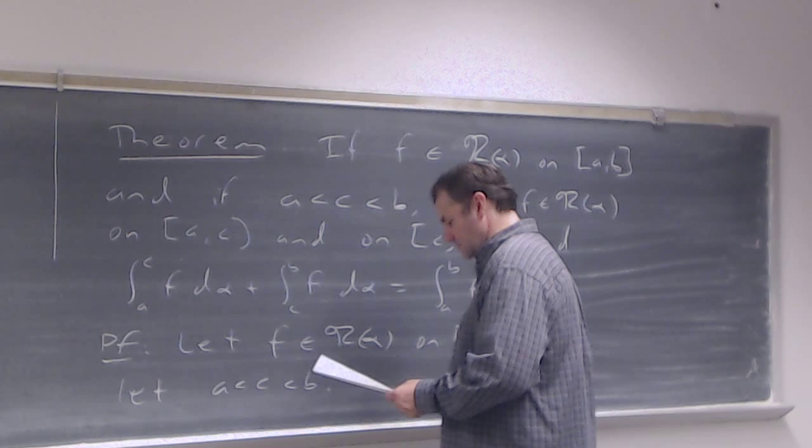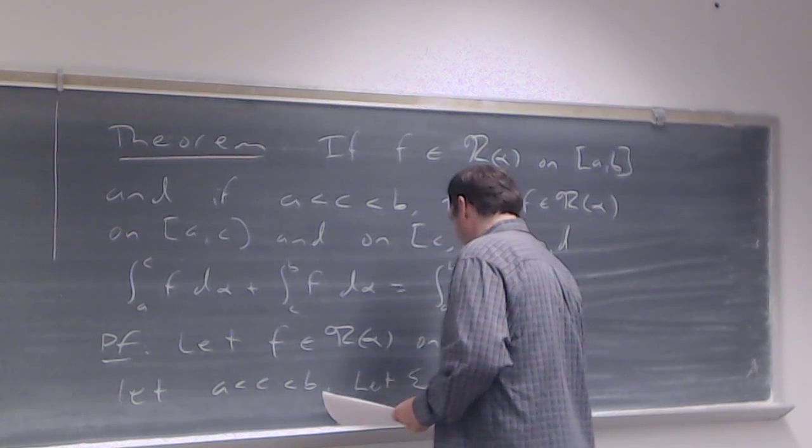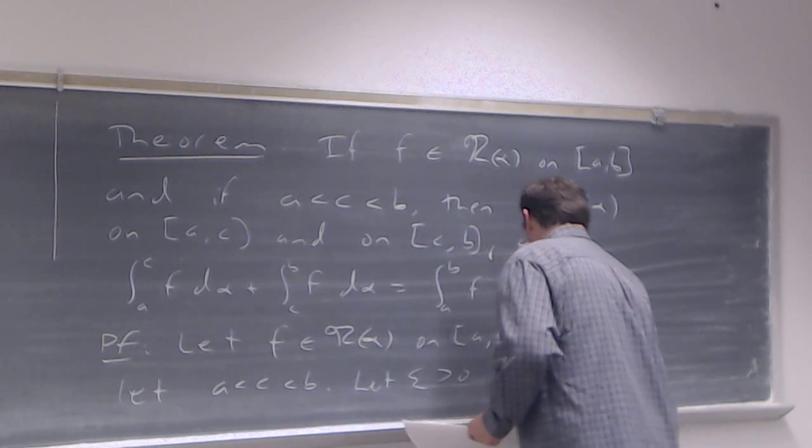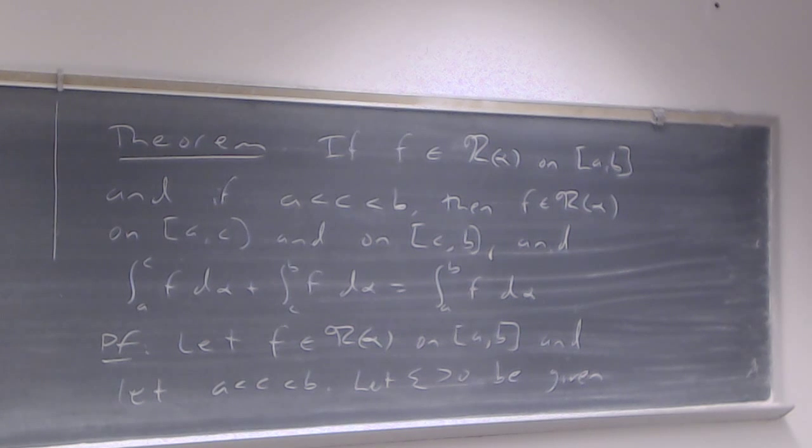So we have a less than c less than b. We're going to let epsilon greater than 0 be given.